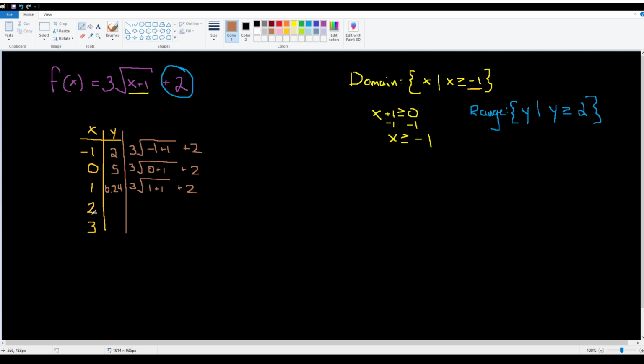So again, if we did this with 2, we would have 3 times the square root of 2 plus 1, plus 2. So I'm doing everything underneath the radical first. 2 plus 1 gives me 3. So then I'm going to do the square root of 3 on my calculator, and I'm going to get approximately 1.73.